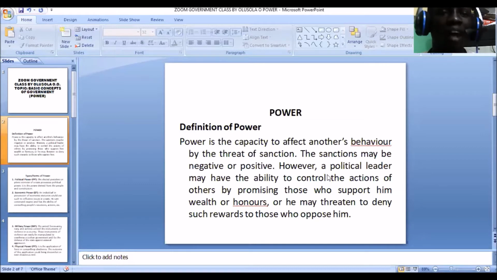The concept of power has been defined by different scholars from the discipline of social science, particularly political science.